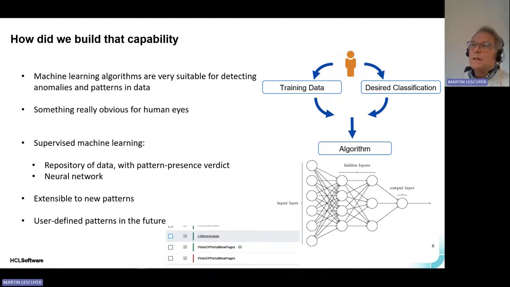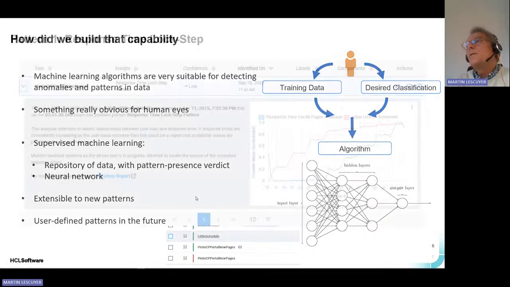We made a supervised machine learning model, meaning that we trained a huge neural network model, injecting performance test results, some of which had the patterns and some of which didn't. And so each time you run a performance test, your performance test result is scanned by that pattern detection, and a little notification is made when it contains a pattern like this.